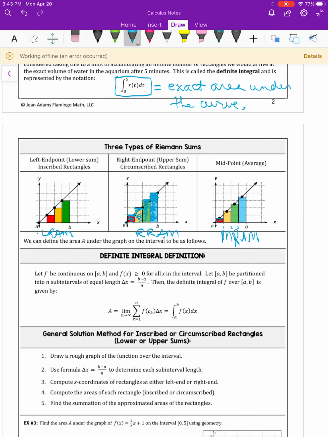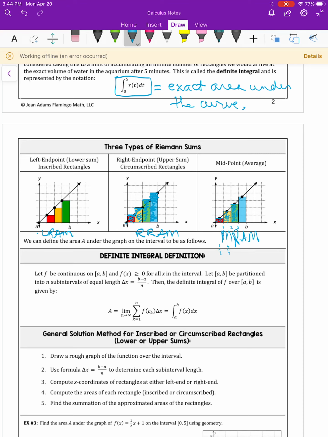And so for the MRAM, like I said, if this was from 0 to 4 and this was like 1, 2, and 3, then this would be at 0.5 because it's halfway between 0 and 1. So you would find your function's value at 0.5 and you would go this way and calculate that area. This one would be 3 halves or 1.5. And so you'd calculate the function's value, you'd go that way, and you'd calculate that area.